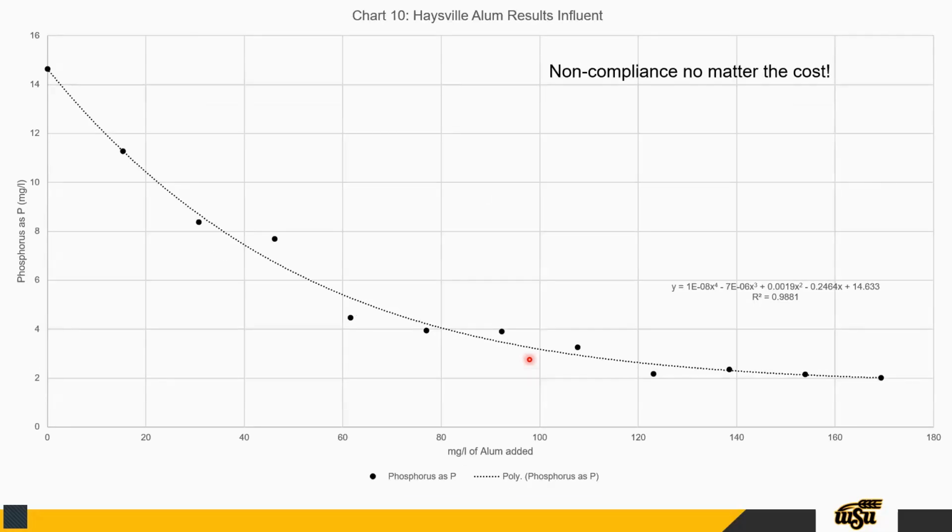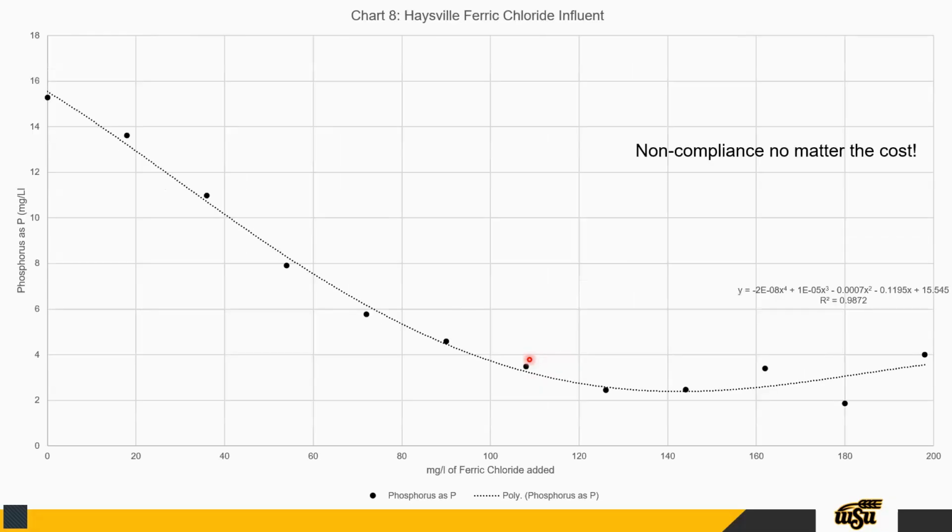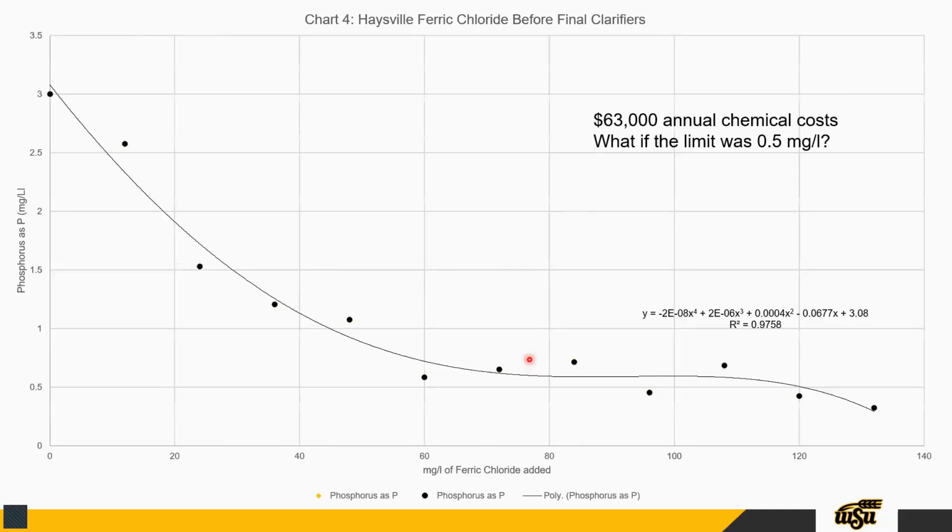At Hayesville, we saw no compliance no matter what. Dosing influent with alum wasn't very effective. Likewise, the influent dosing at Hayesville, similarly. We saw that ferric chloride before the final clarifiers worked. But you saw that the curve kind of levels off, and we never got really below 0.5 mg per liter.